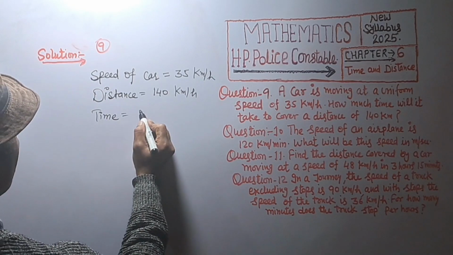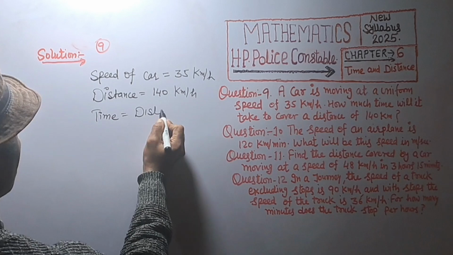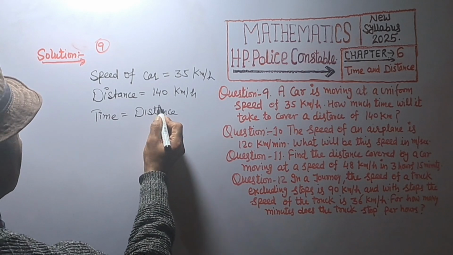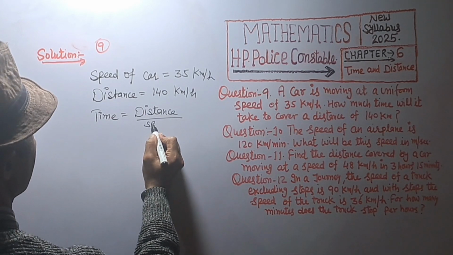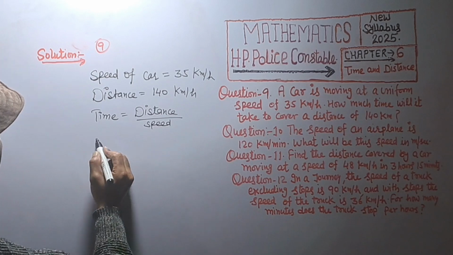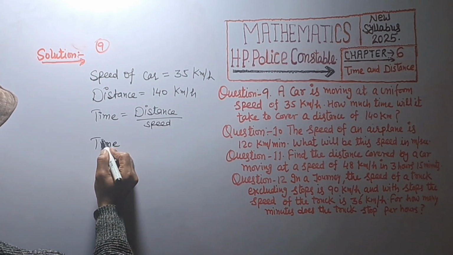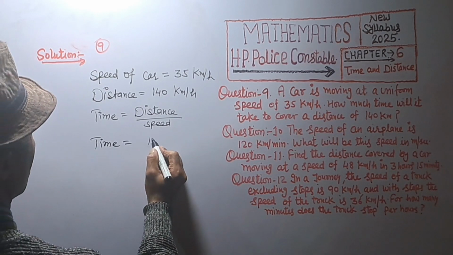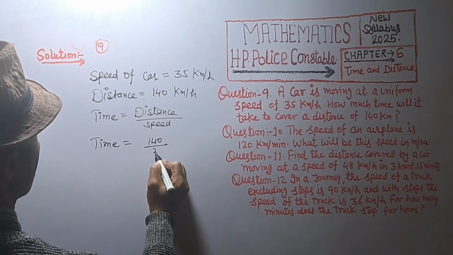Time is equal to distance divided by speed. Time equal to 140 upon 35.